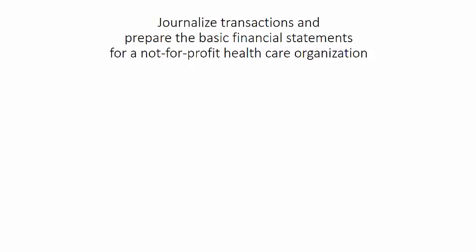So we don't have assets limited as to use like we do with the non-profit and the for-profit healthcare entities. But with the governmental, we have restricted assets when we have assets that are restricted by external parties, for example, donors, per some type of contract or agreement with an external party, etc.